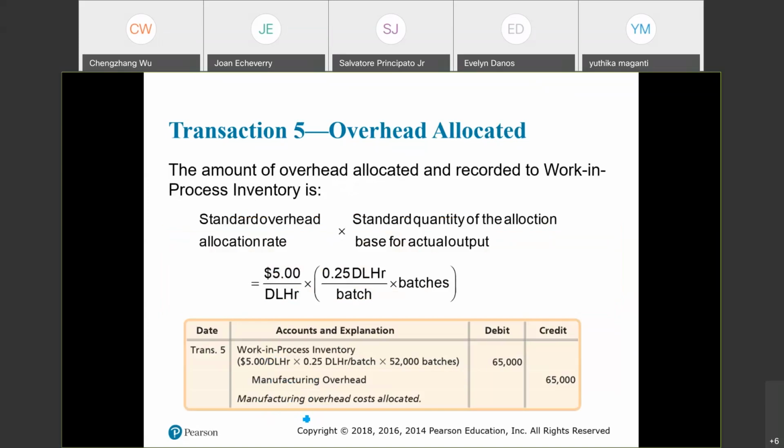Next, let's take a look at transaction 5.